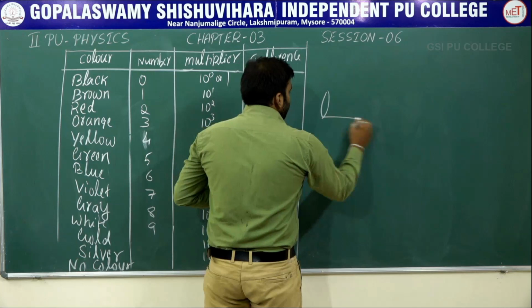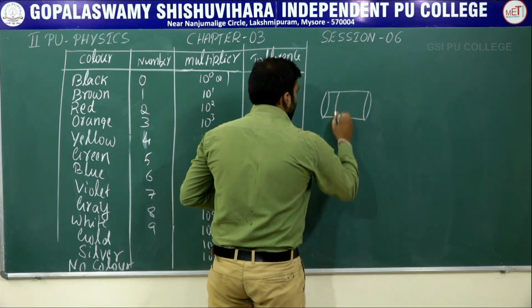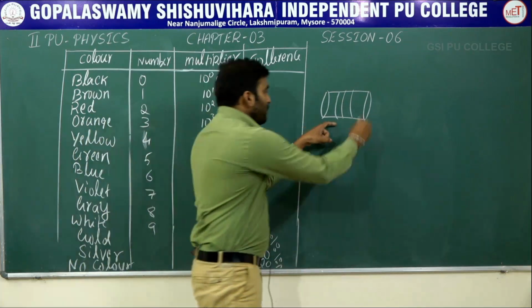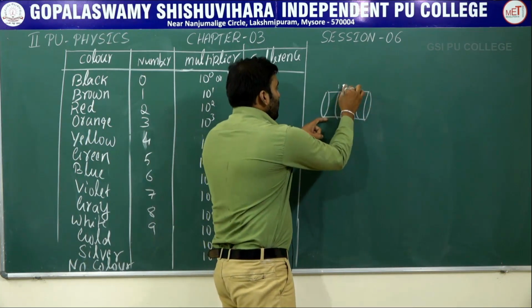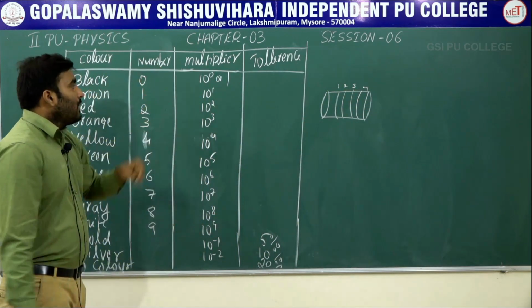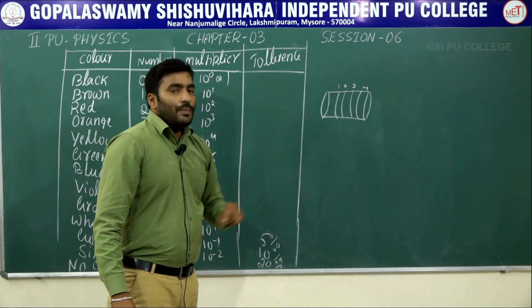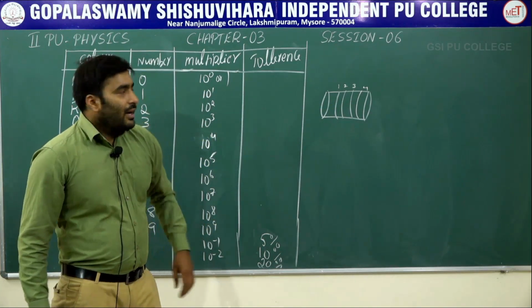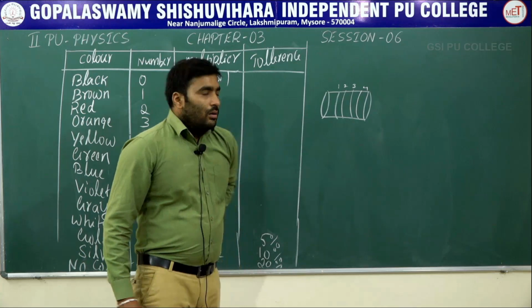If the resistor is given like this and there are four colored bands, the first two colors represent the number, the third color represents the multiplier, and the fourth band, which is sometimes absent, represents the tolerance.